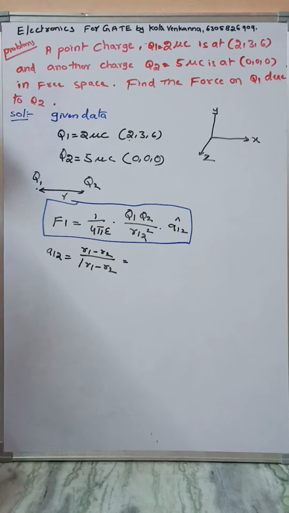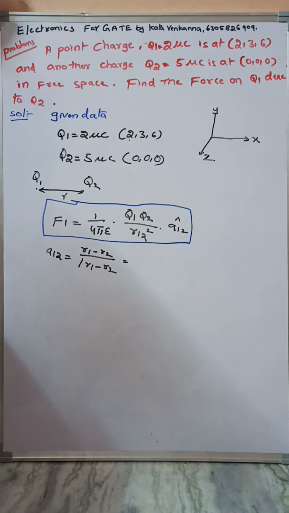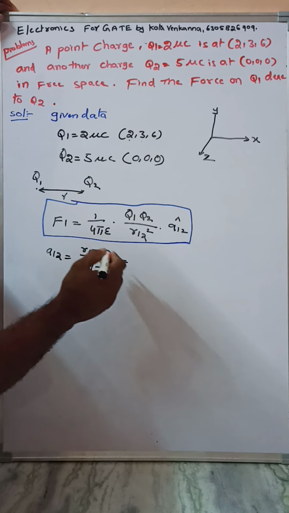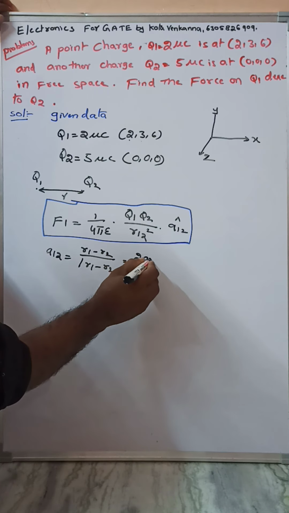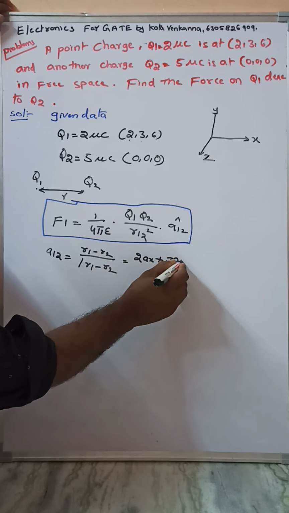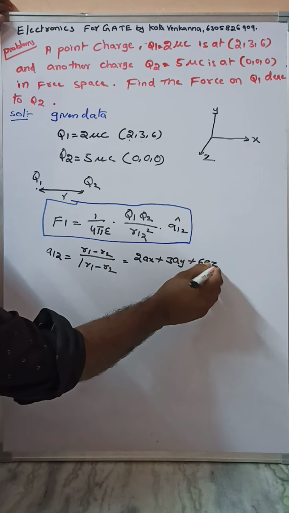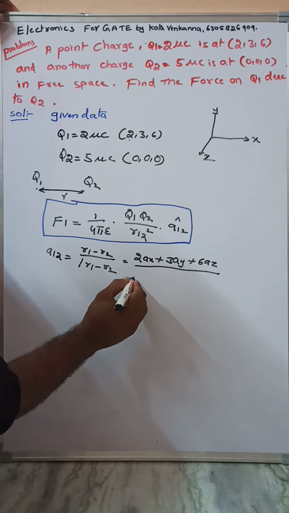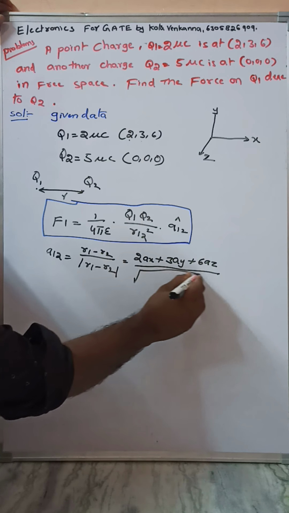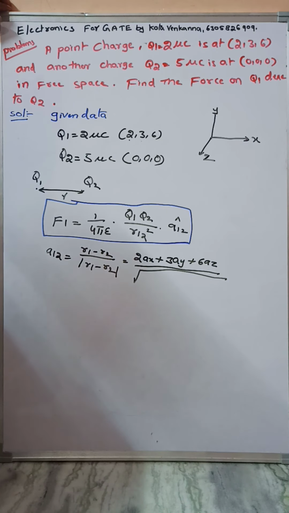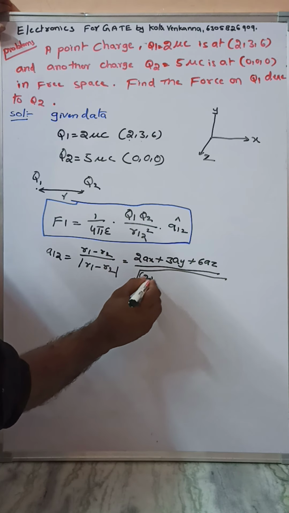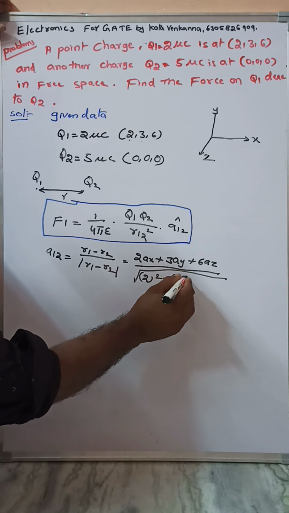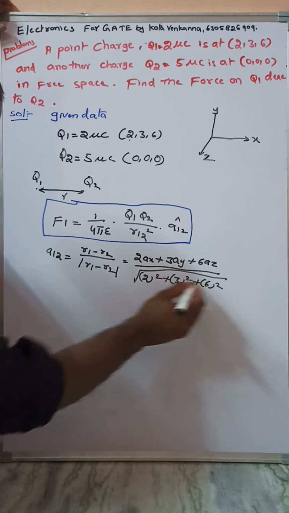We know R1 minus R2 is 2 ax plus 3 ay plus 6 az, divided by the square root of 2 square plus 3 square plus 6 square.